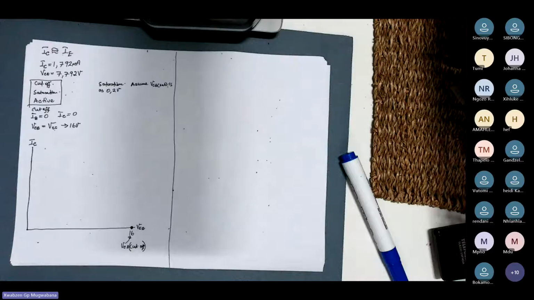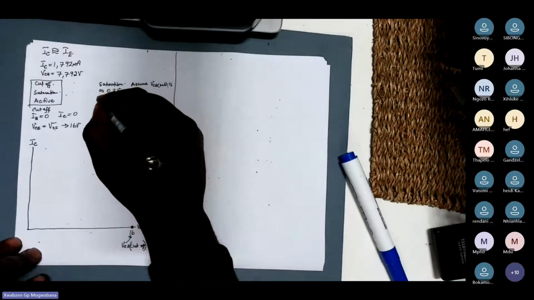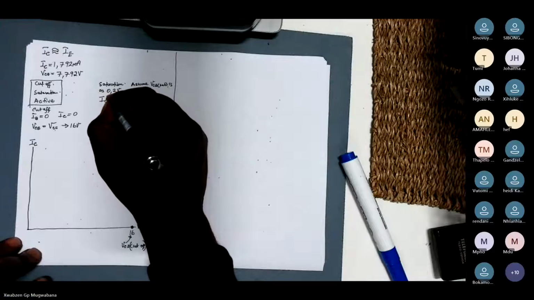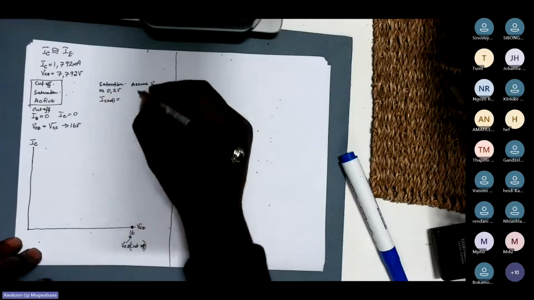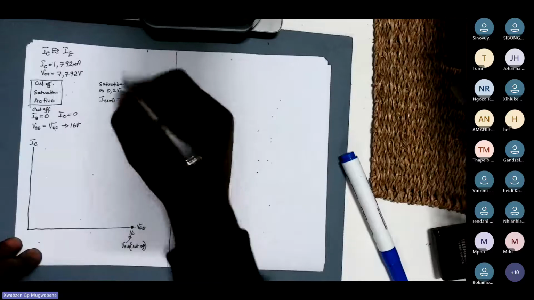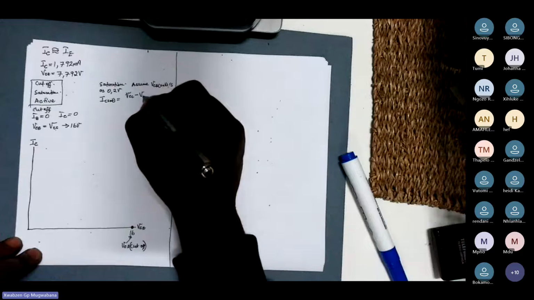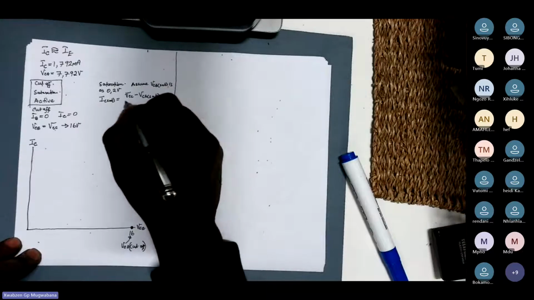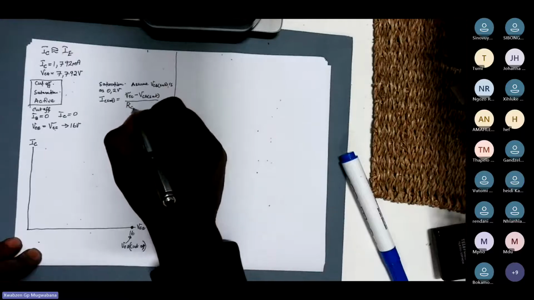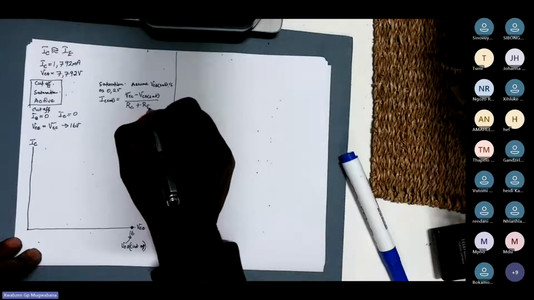If the saturation voltage is given, then to find I saturation, it will be given by VCC minus VCE at saturation, divided by RC plus RE.